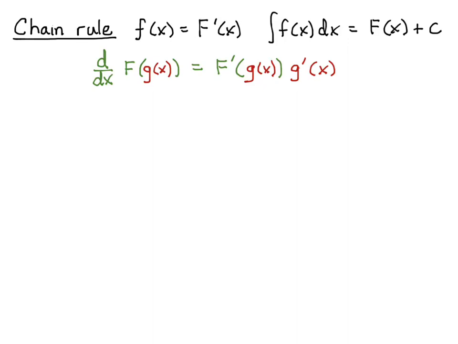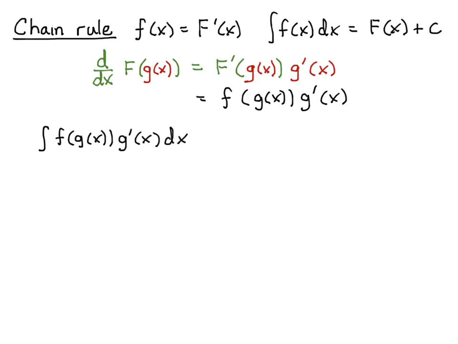So that's something that you all know how to do. And since capital F prime is lowercase f, we can rewrite this as f at g at x times g prime at x, and that's the derivative of capital F at g at x.